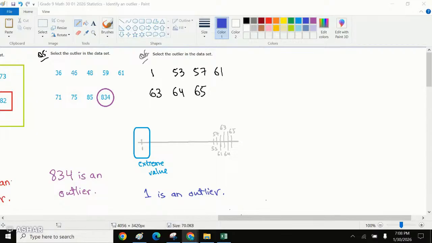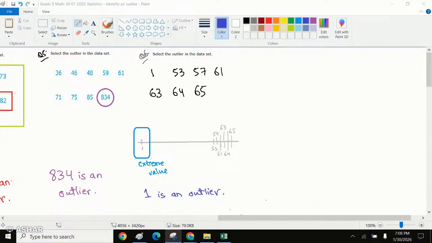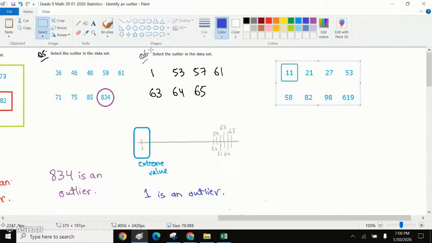Moving ahead to the next question. The next question says select an outlier in the given data set. Data set means given number of values. For the given number of values, if these are the values that have been provided to us, I'll just rearrange them. We need to find an outlier.